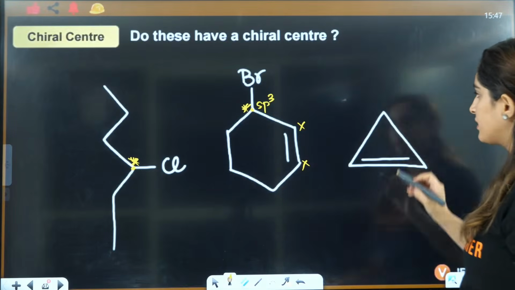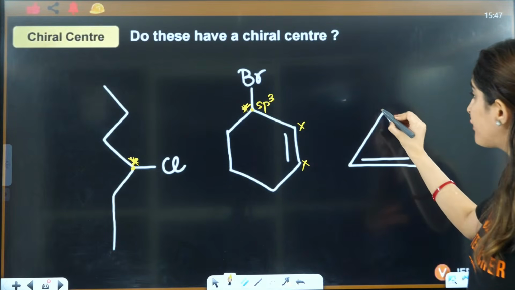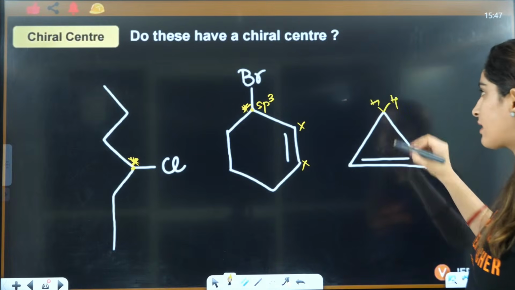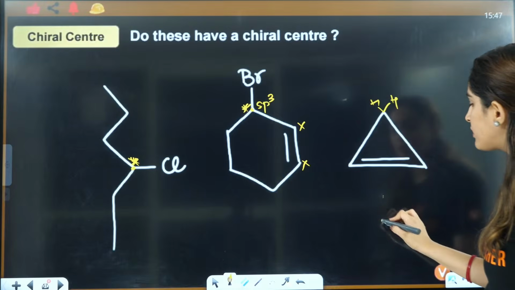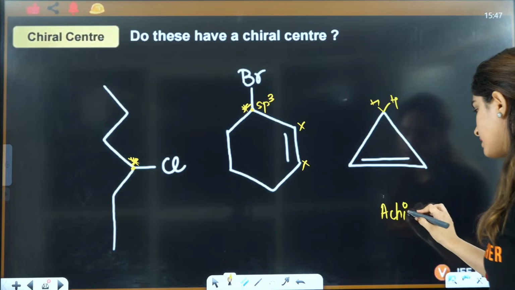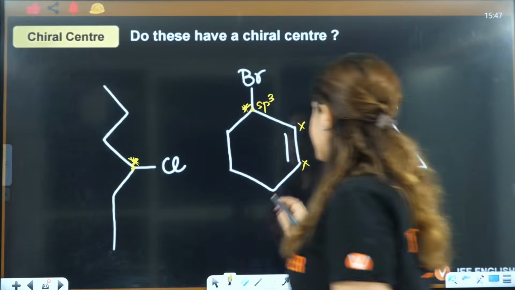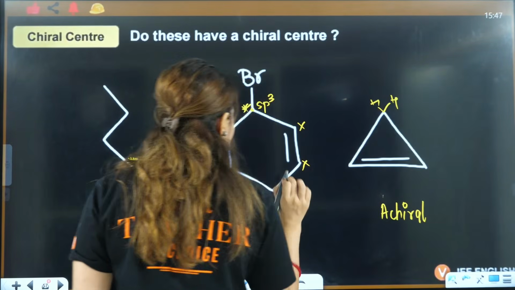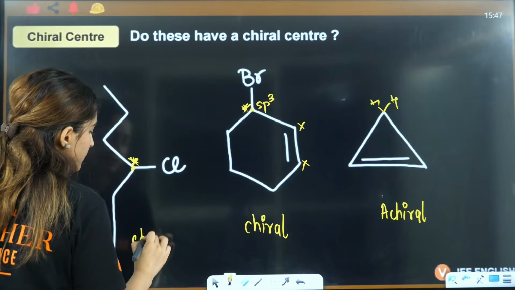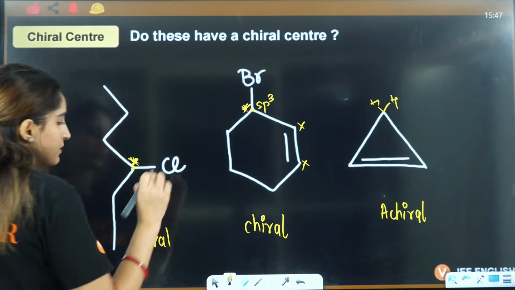What about this one? 2 hydrogens are present here, so it is not chiral. Here it is sp2, so this compound is achiral. A compound will be chiral if it has at least 1 chiral carbon or chiral center, right?